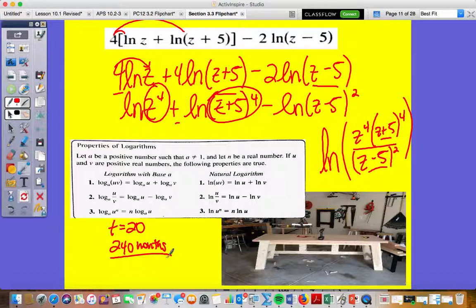Therefore, I have 240 payments, right? I would multiply 240 times whatever my amount is. So if your amount in this case was 1254.68, so 1254.68 times 240. 301,000.